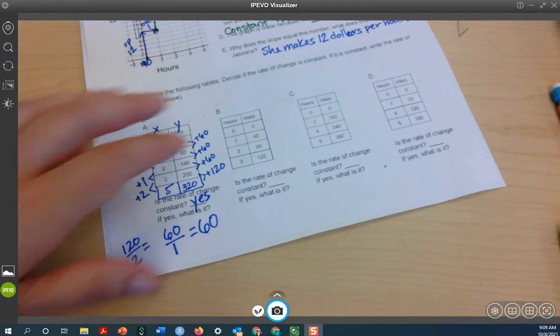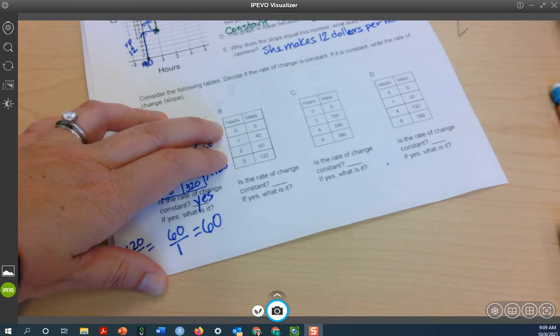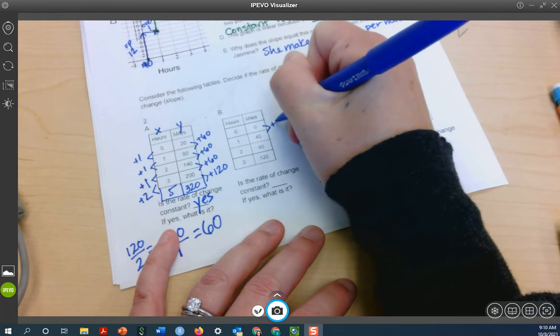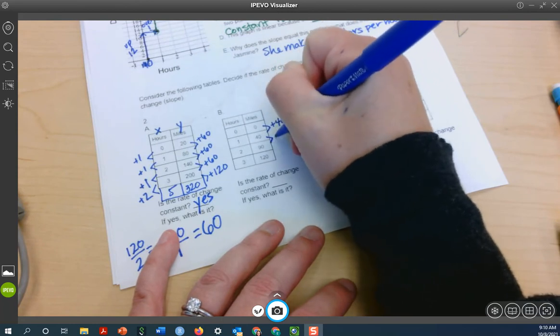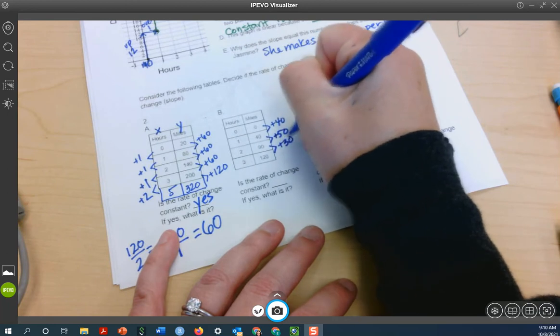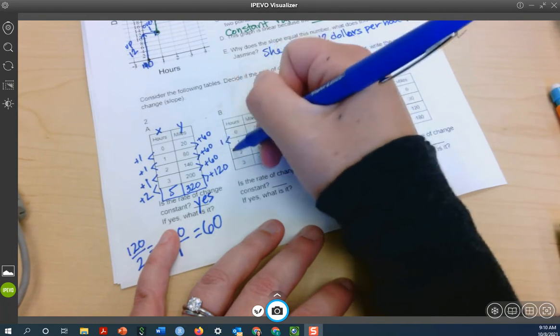B, raise your hand if you said yes, it has a constant rate of change. Raise your hand if you said no, it did not. Okay, so I'm seeing some hands for no, so I'm going to just check that. So this was plus 40, plus 50, and plus 30. So those keep changing. Am I dividing by different numbers?